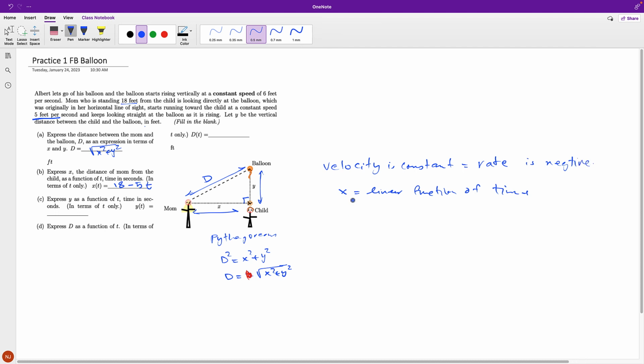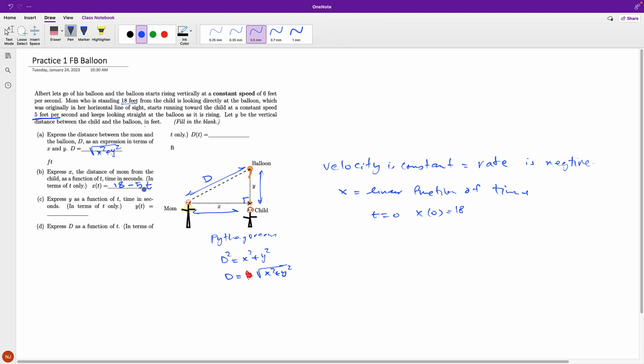And then it's a linear function. At t equal to 0, x of 0 is equal to 18. Therefore, that's how the equation comes about: 18 is the original distance minus the rate times t.